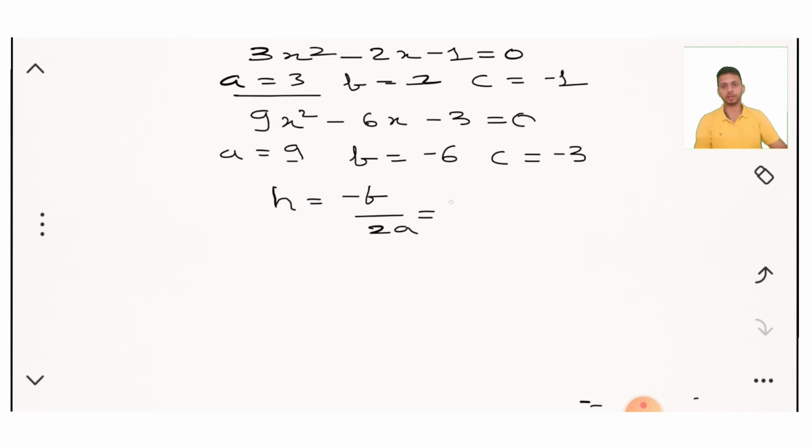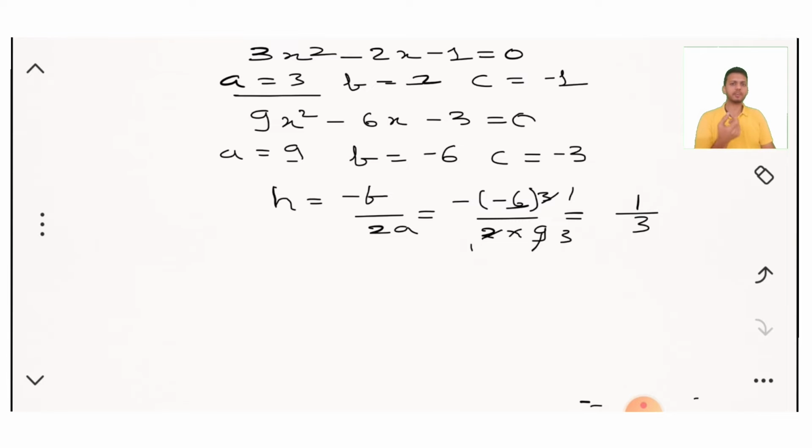Here b is minus 6, divided by 2 into a, and the value of a here is 9. So it will come as 1 by 3. Yes or no? How 1 by 3? 1 times 3 times, 1 times and then again 3 times. The minus and minus will become plus. So 1 by 3 will be your value of h.